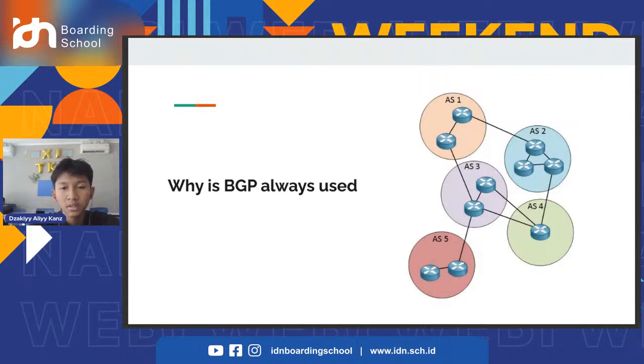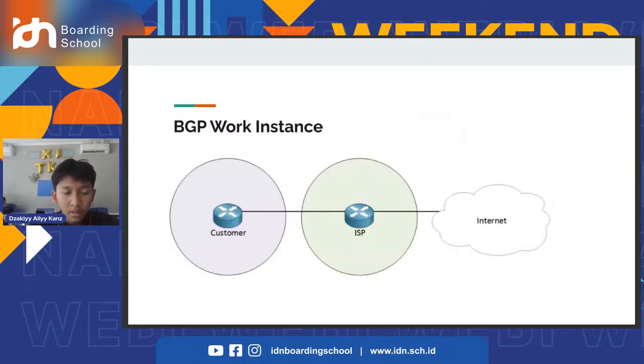The function of the AS is to make the router different from other routers, so that a strange router cannot connect or establish a relationship with the routers from the Telkomsat company, and that is the function of BGP.